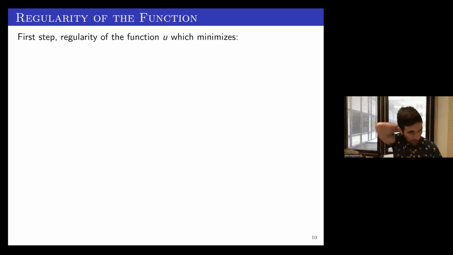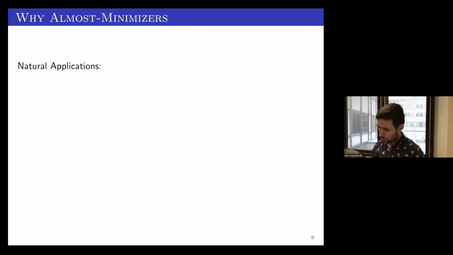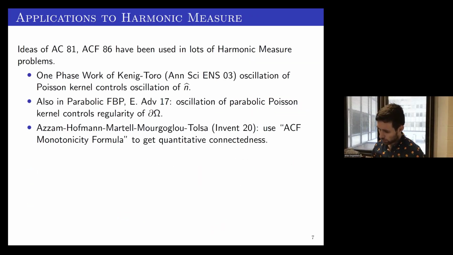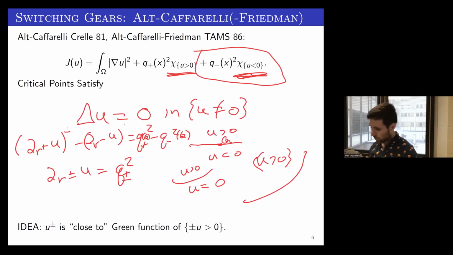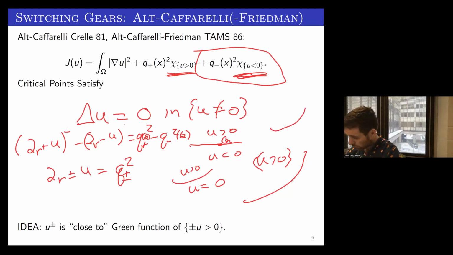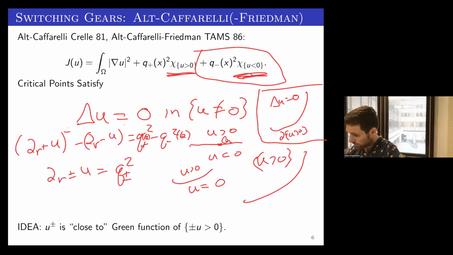Okay, so now we want to study almost minimizers, and the first thing to do is to understand the regularity of the functions themselves. So I made a really terrible error. Let me go back a little bit so I can tell you a little bit more about what's going on here. So remember, when you look at minimizers of this functional, Laplacian u equals 0. So I'm working over here. And here is the free boundary of where u is positive.